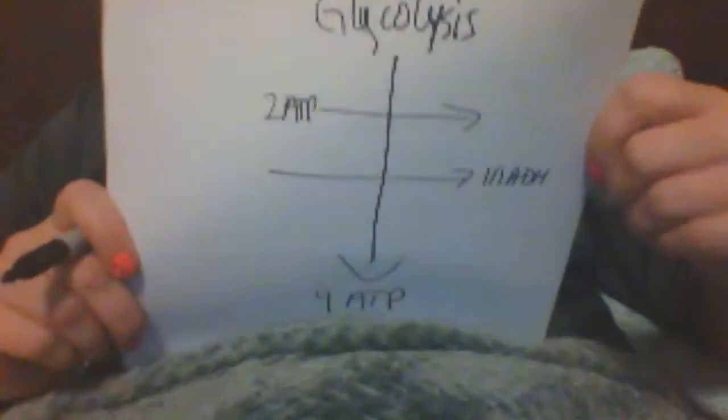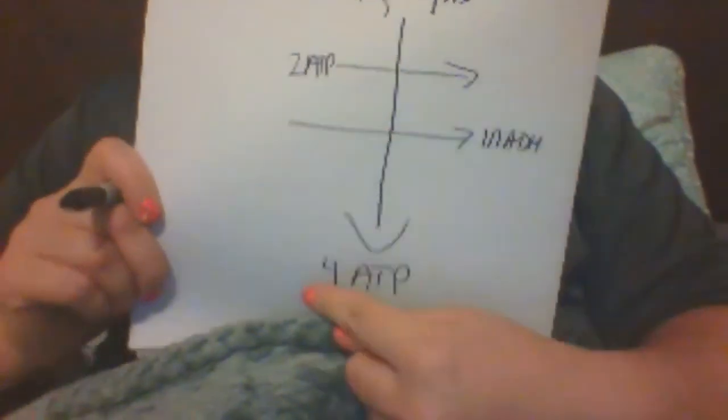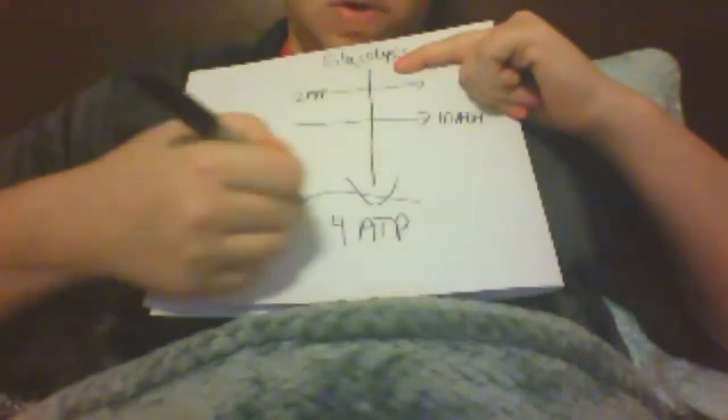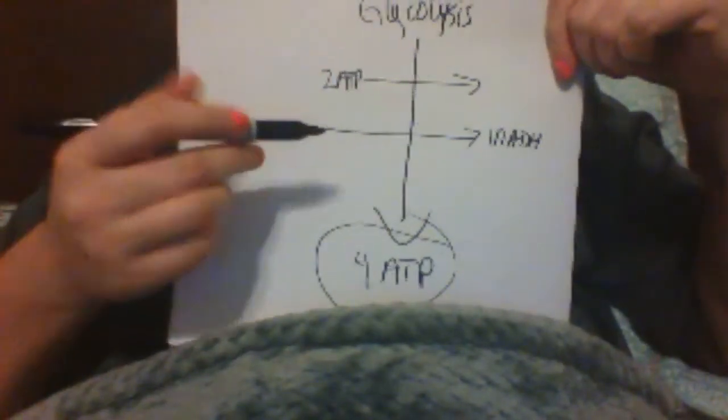So in glycolysis, its ultimate purpose is to make 4 ATP, having used 2 ATP, but created NADH. This is the main goal. But to do that, you have to go through these two first.